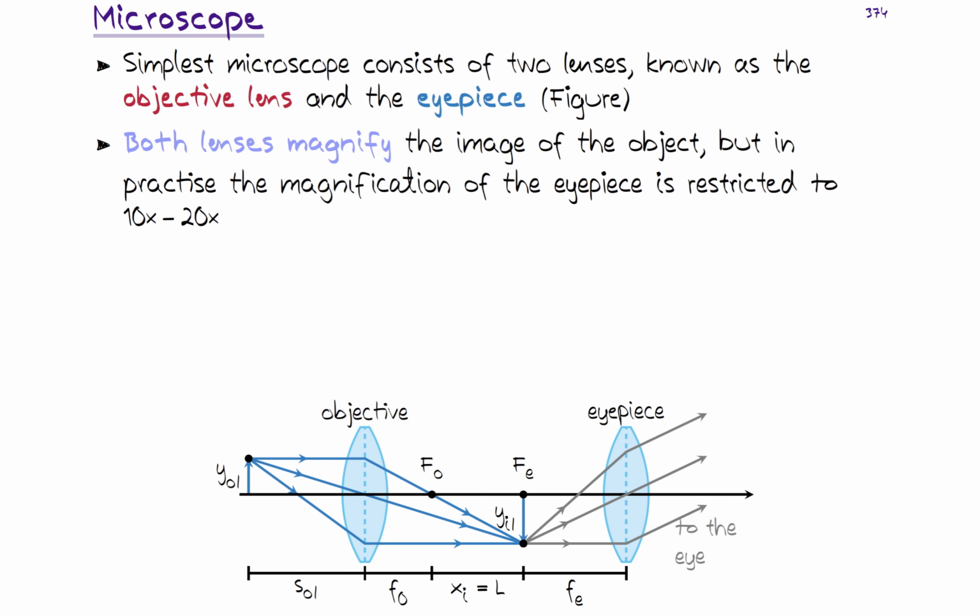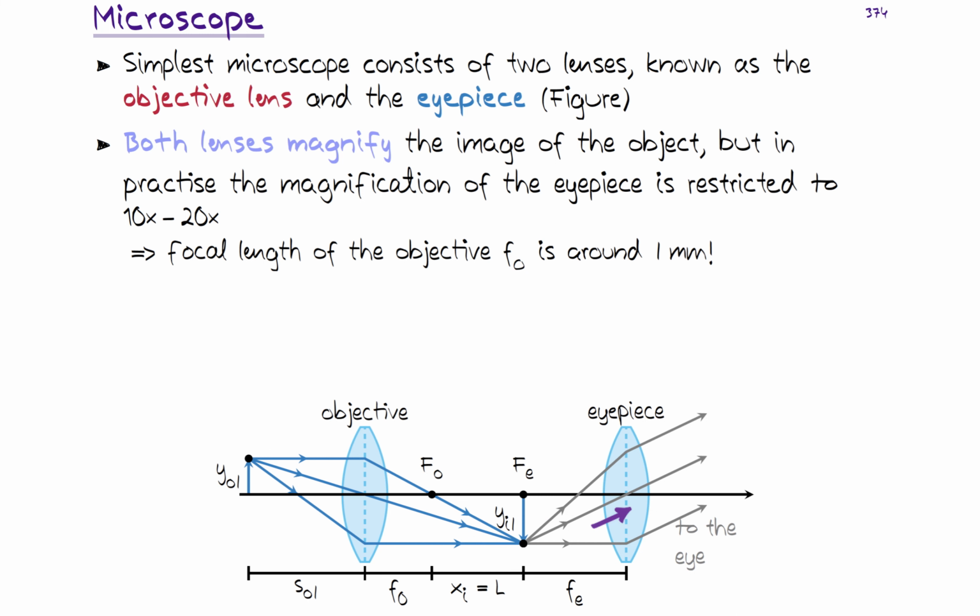But in practice, the magnification of the eyepiece is restricted to around 10 or 20x. So this is a practical limitation. And what this then means is that the focal length of the objective, f_o, will be around 1 millimeter. This is the implication from there.